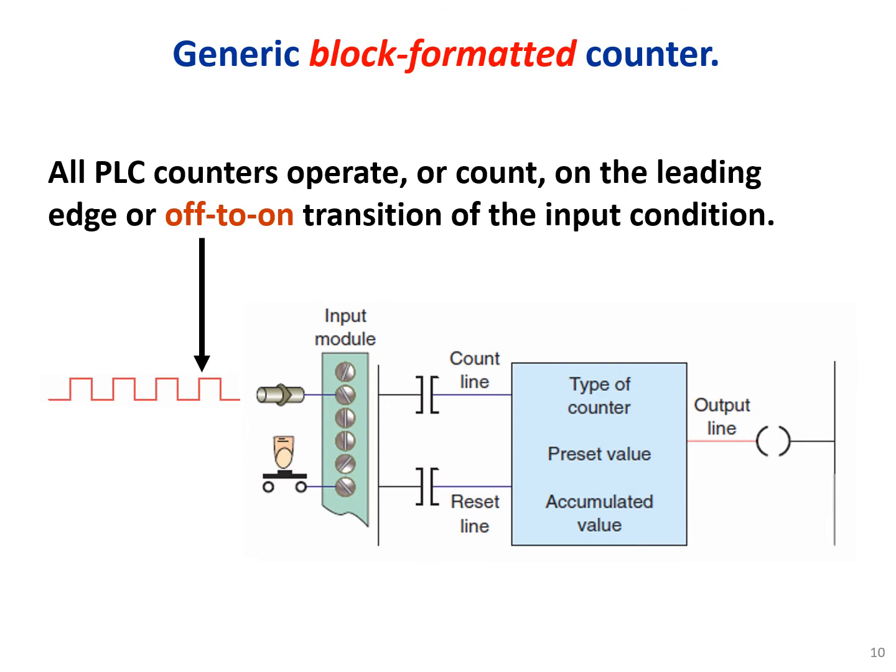Generic block formatted counter. All PLC counters operate or count on the leading edge, or off to on transition, of the input condition. Okay, so here we have our input module. We have one sensor as a proximity sensor and one push button for reset. And we are going, let's say, to count the number of items passing by this proximity sensor.